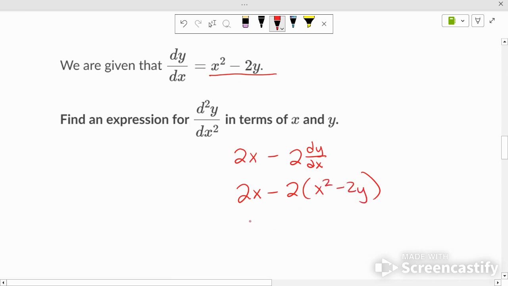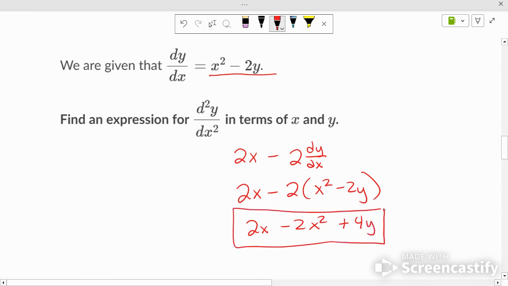And then I do the math. It's 2x minus 2x squared minus 4 or plus 4y. This is the second derivative if this would be the first derivative using implicit differentiation. That's not so hard, right? That was an easy one.